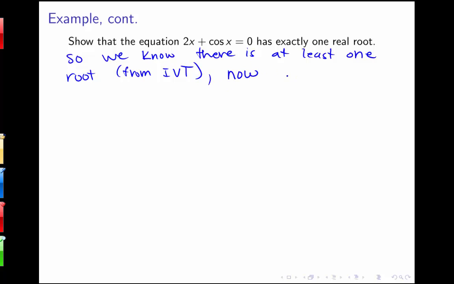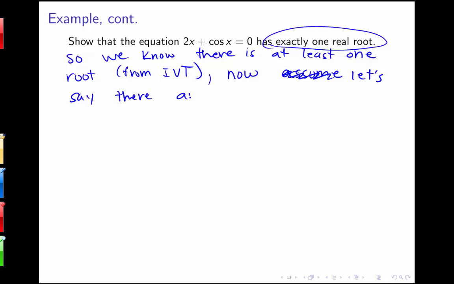Now, assume for the purposes of contradiction, we want to show that there's exactly one. We know there's at least one. Let's say that there's two. So let's say there are two roots, A and B. Okay, so we're going to try to show that this leads us to something that's impossible.